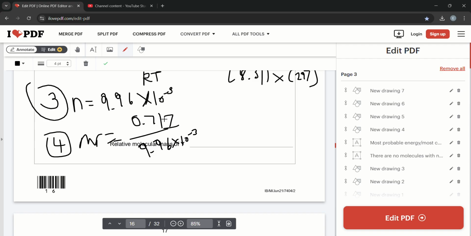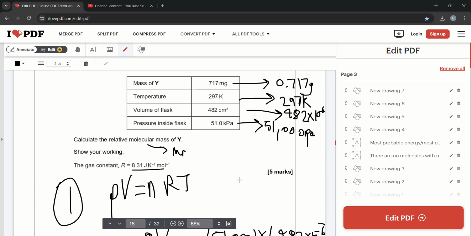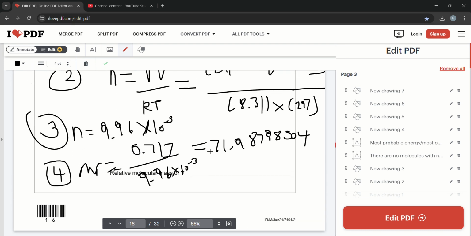So 0.717 divided by my answer gives me 71.987880504. Does it say round to any significant figures? No, it doesn't. However, we can round it to 72 to 2 significant figures. 72.0.